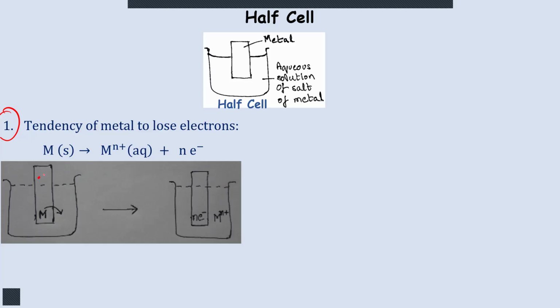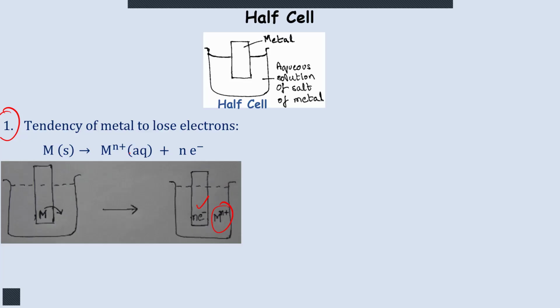They leave behind electrons in the metal rod and go into solution as positive metal ions. So here there is loss of electrons, so this is oxidation. The metal is oxidized to positive metal ion.